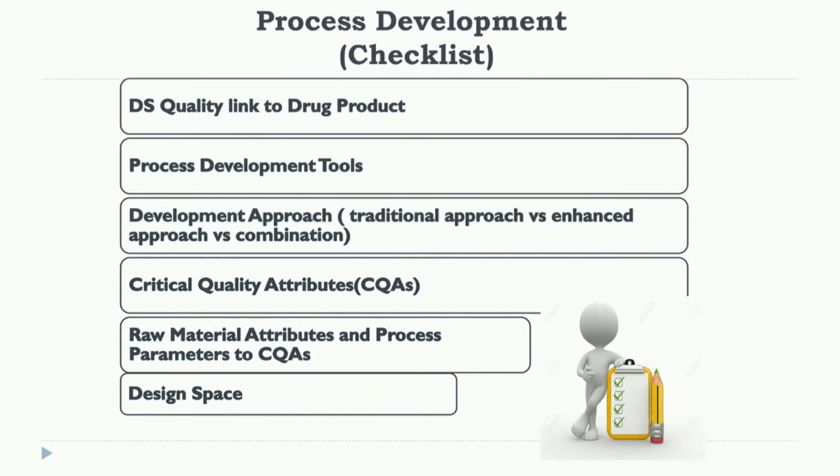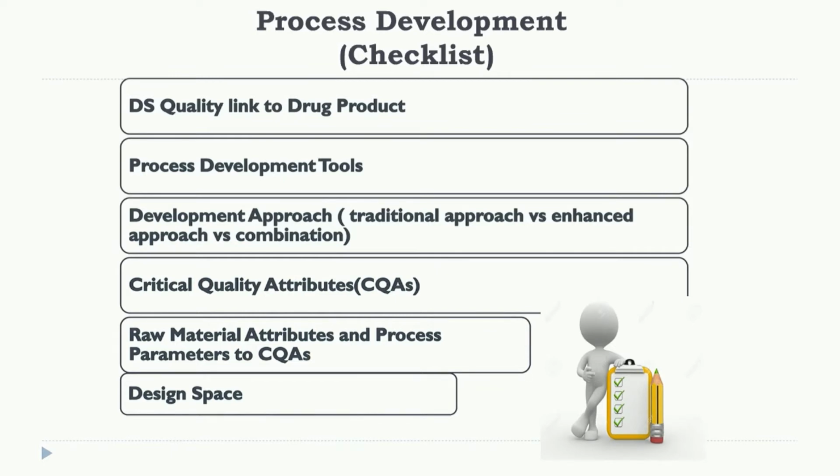Whenever we are developing any process, we have one checklist, how to go ahead with that development process. The checklist contains the DS quality linked to the drug product. We have to check every quality parameter in drug substance before moving to the formulation stage. What kind of process development tools are we using?